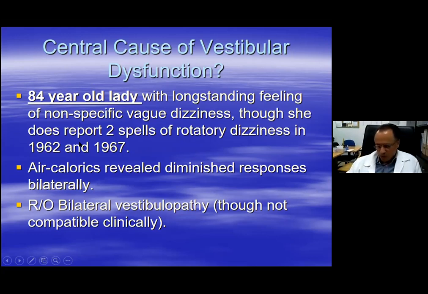Air calorics were reported as being diminished bilaterally for both ears. The referral letter from the referring physician asked me to rule out a bilateral vestibulopathy, although he told me that this was not compatible clinically. He did not believe that the patient had a bilateral vestibulopathy, even though the air calorics were diminished bilaterally.